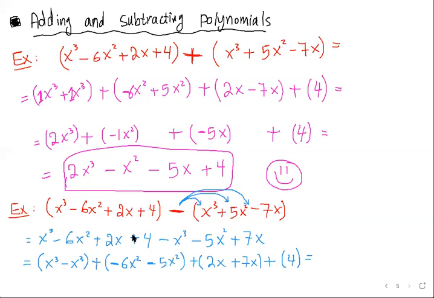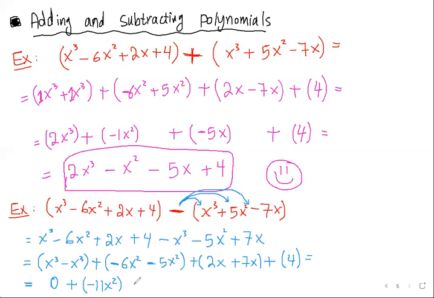So now we combine the terms, okay? How do we combine them? Who will do it? I can do it, Professor. Yes, what is the answer? The x cubed minus x cubed will cancel out. Cancel out, exactly, 0. Plus minus 6 minus 5 is negative 11x squared, exactly.